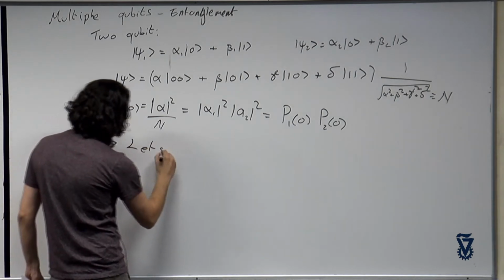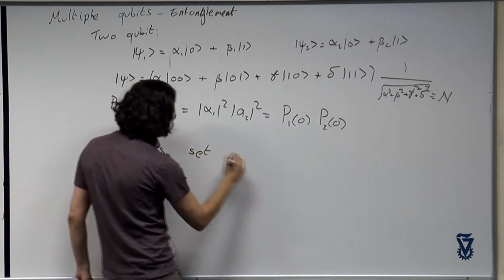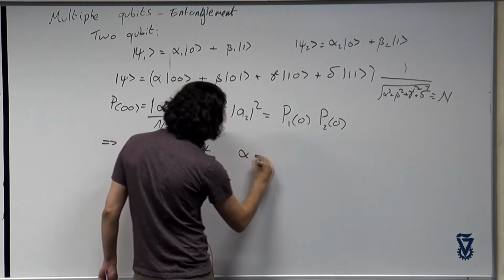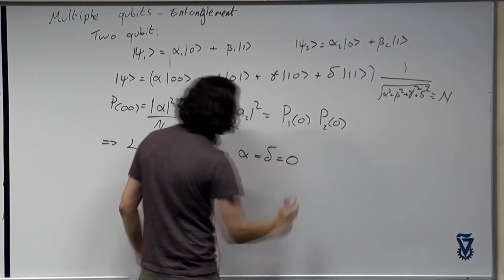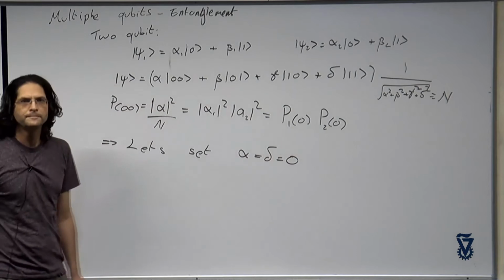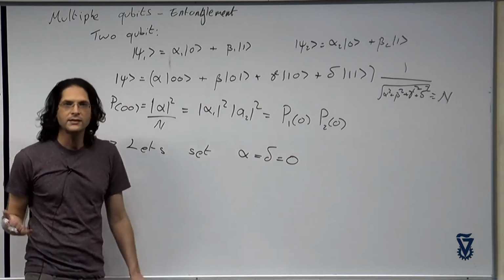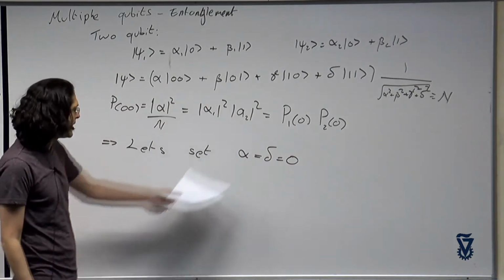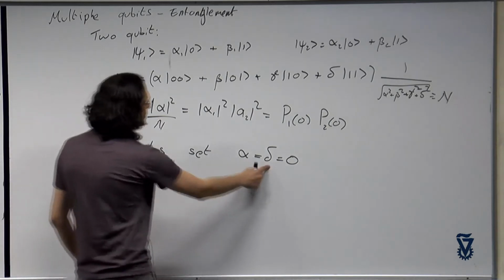So we're going to set, for example, alpha equals delta equals 0. We did some operation, we'll see later how we do that. But alpha now equals delta.